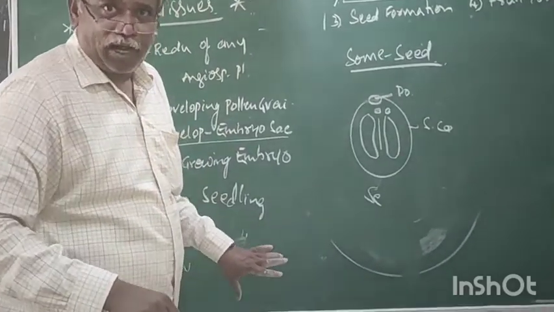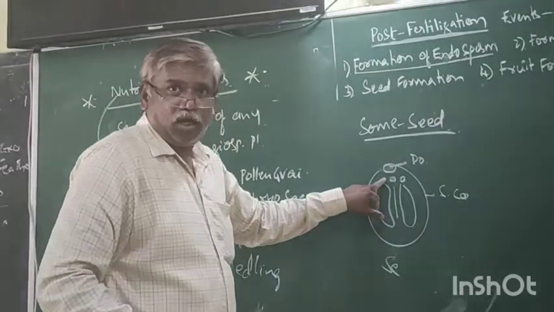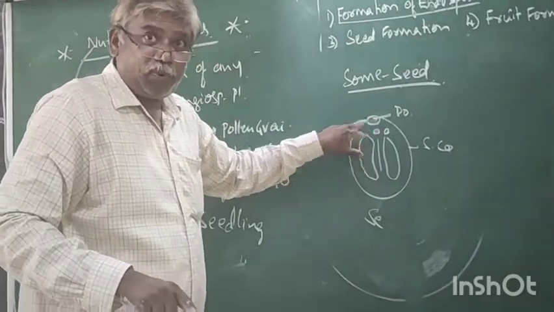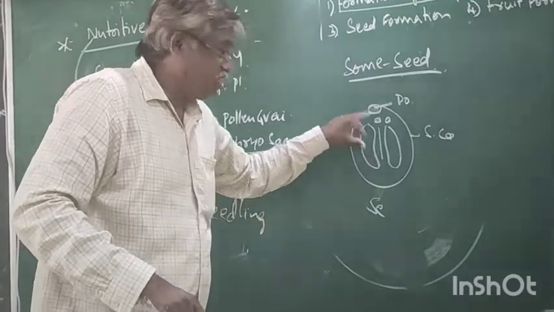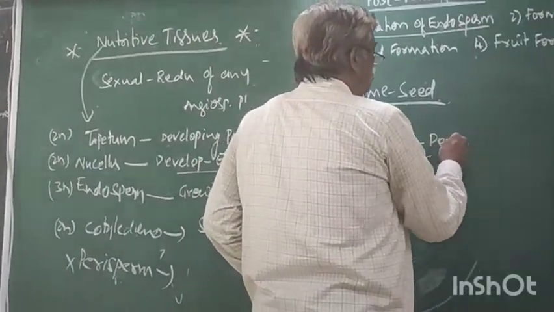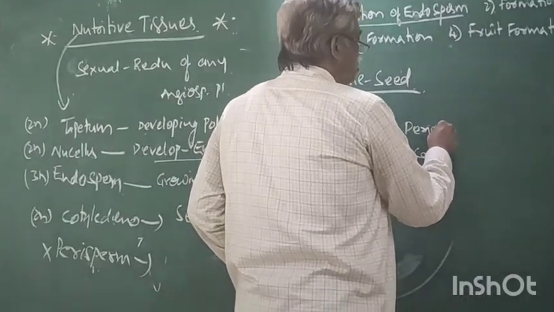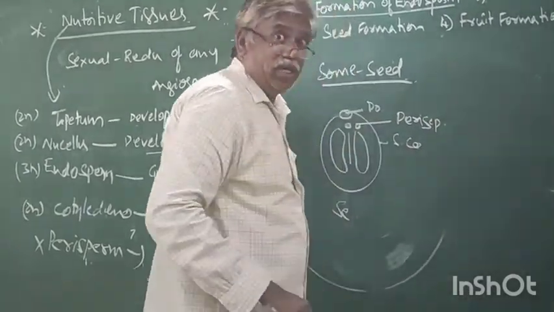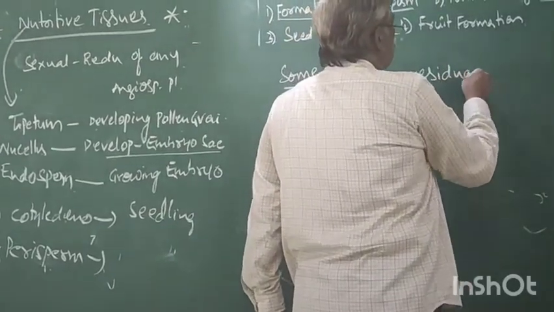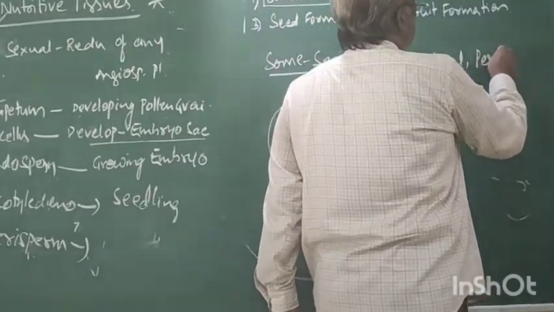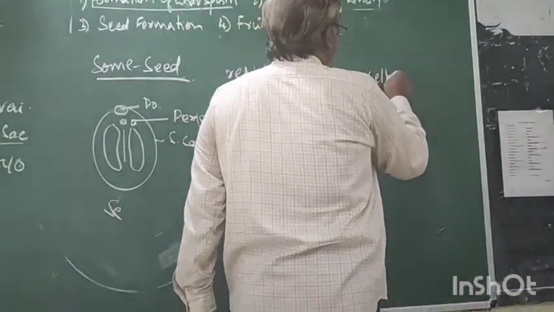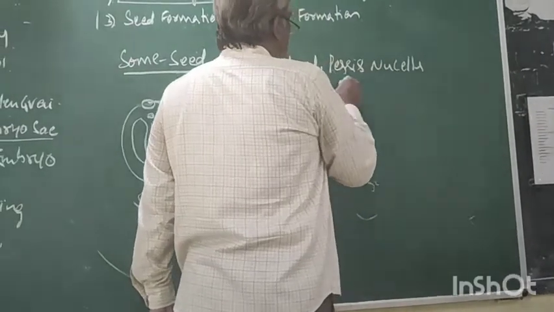Right. The nucellus which is present in the seed is specially called perisperm. Residual, persistent nucellus of seed.